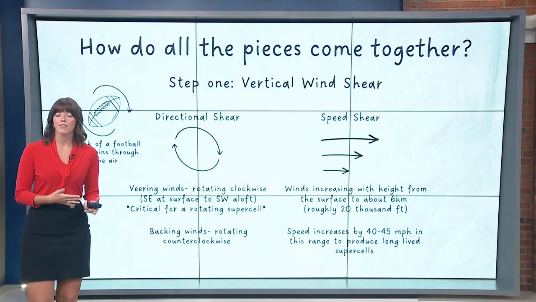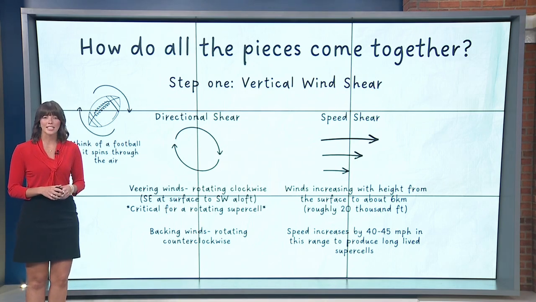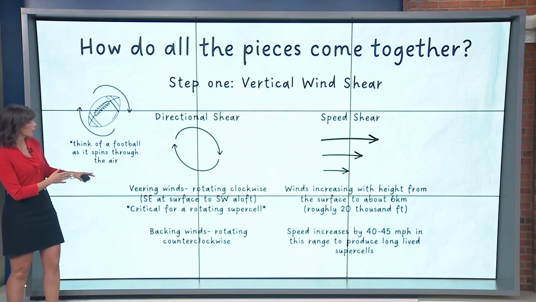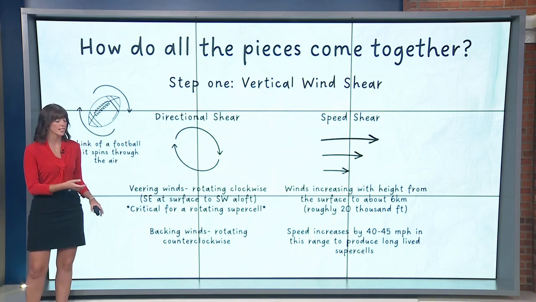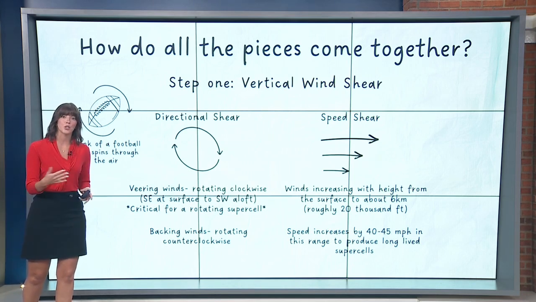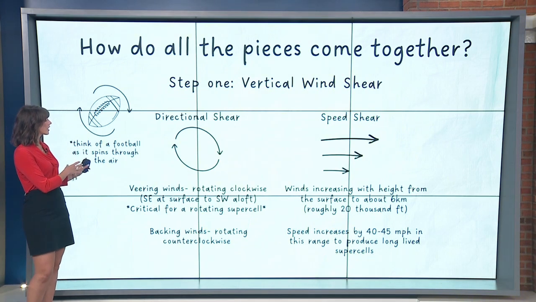What we're looking at first is going to be that vertical wind shear. So this is, again, how winds are rotating and increasing with height. Firstly, for that directional shear, what you need is winds rotating clockwise, and that's called veering winds. So that's what you would need to produce this rotating column of air. You can think of it as kind of like a football.